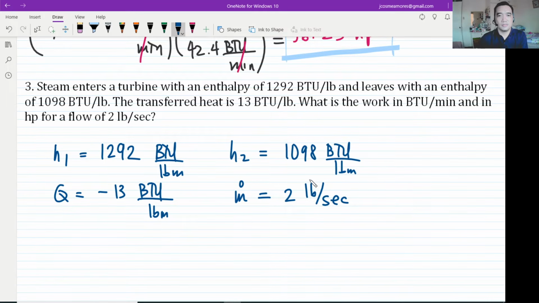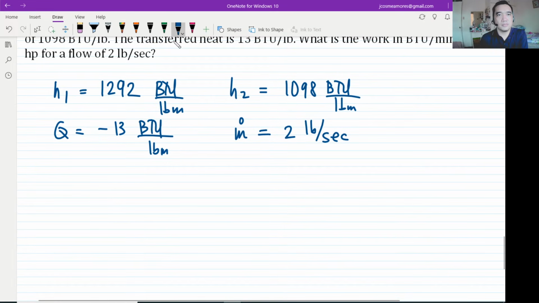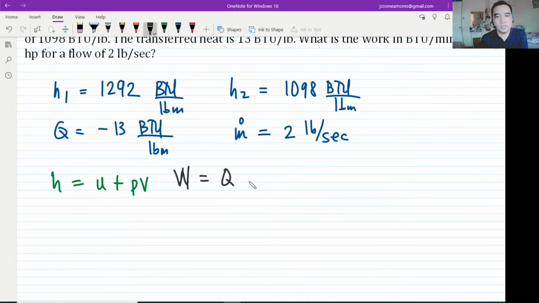Here we're introduced to the concept of enthalpy. Enthalpy is simply equal to internal energy plus the flow work, so plus PV. If we are going to solve for work, we know that work is Q minus delta P minus delta K minus delta U minus delta PV, or delta WF, the flow work.